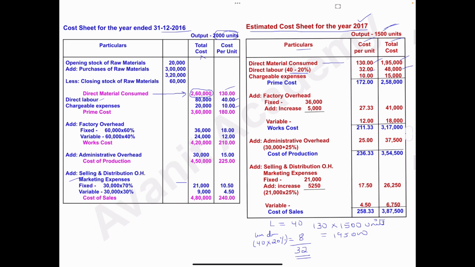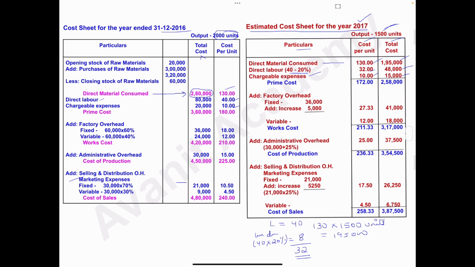No other adjustment. So directly write in cost per unit column, chargeable expenses 10. Total cost 10 into 1500 and the amount is 15,000. So all these three items are over: material, labor and chargeable expenses.